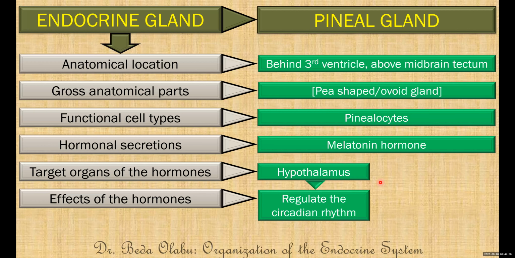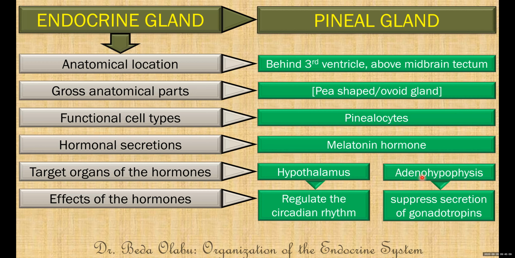Of course, if you're a nurse, the situation might be different. The other target organ of melatonin is the adenohypophysis. And the effect of melatonin on the adenohypophysis is to suppress the secretion of gonadotropins. It suppresses secretions of luteinizing hormone.